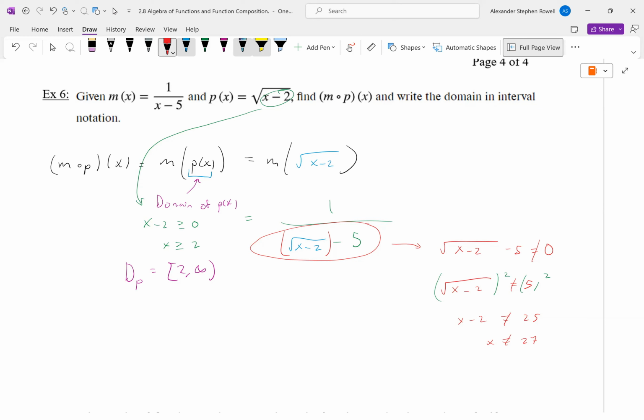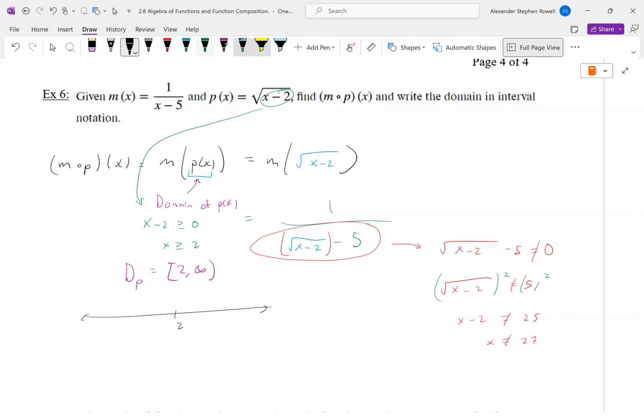So I need to throw out 27 in my interval 2 to infinity. So the domain of m composed of p should be what? So it's, oh yeah. This is saying negative infinity to 27, right? But actually, let me just talk about this number line here.